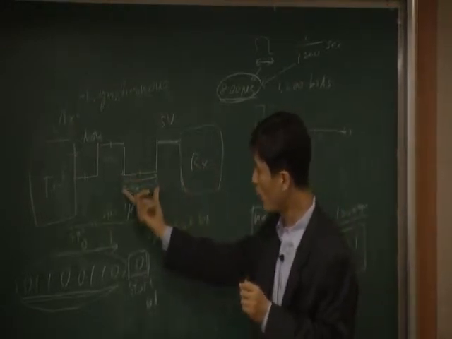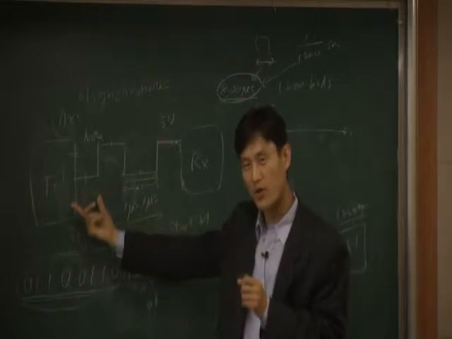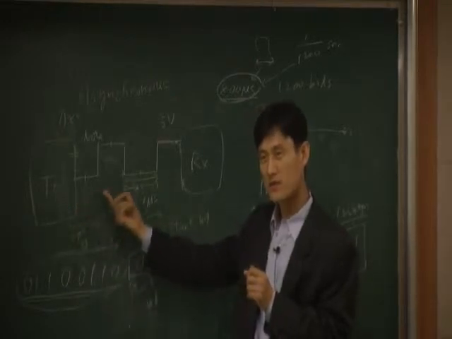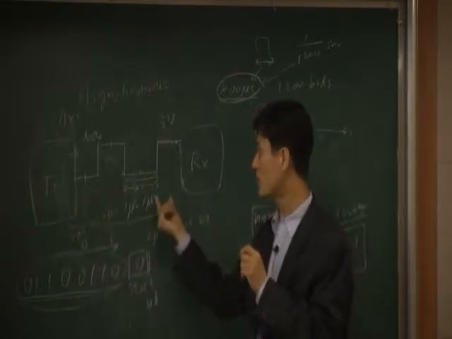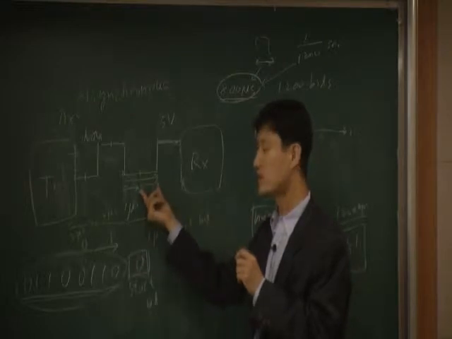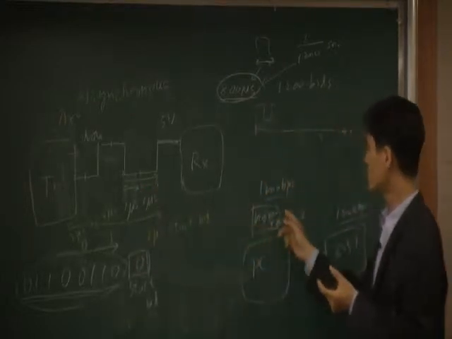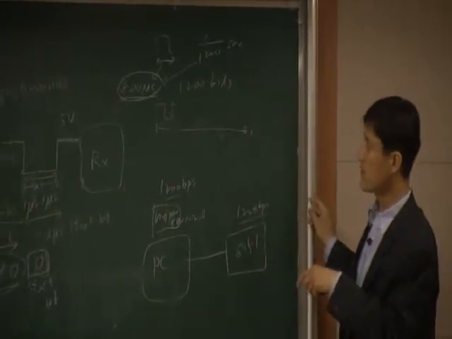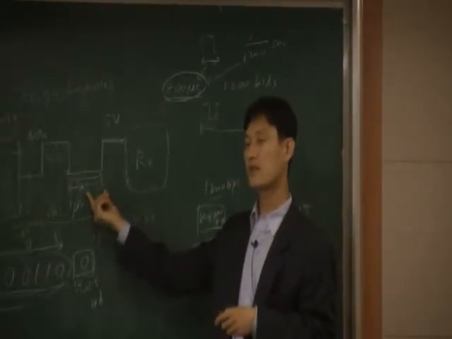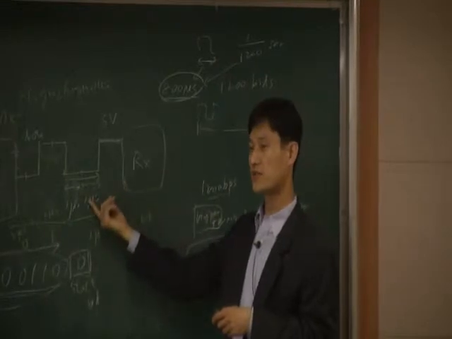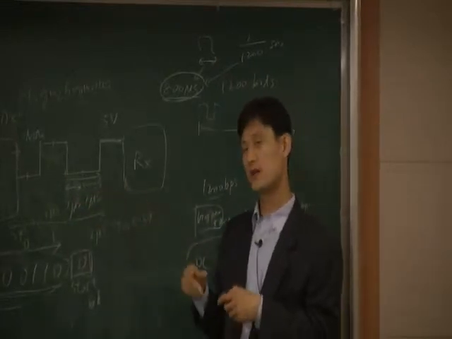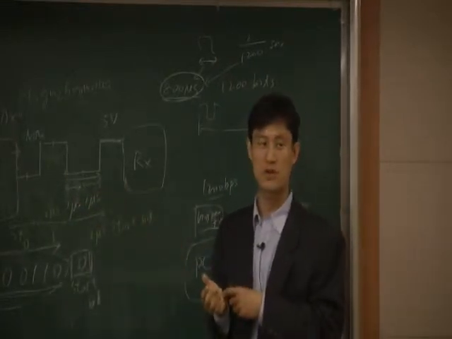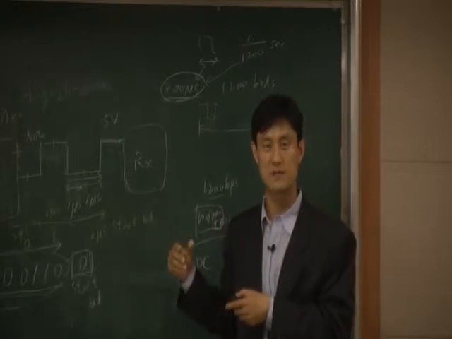Maybe this is long 1, long 0, long 1. The receiver is confused because it doesn't know about the bit duration. But once you agree like this, then the receiver now knows the bit duration, for example, 800 microsecond in this case. So there's no confusion. It's pretty clear.